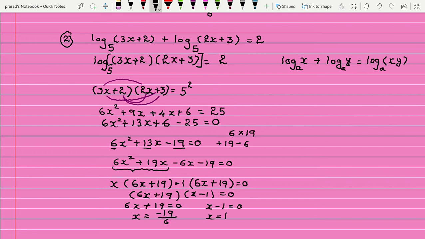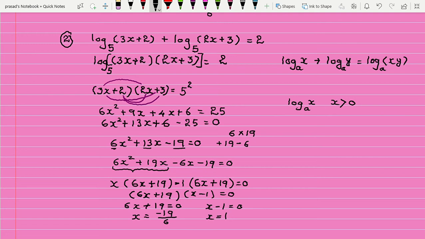But now keep one thing in mind. Log x to base a will be defined only when x is greater than 0, x is positive.